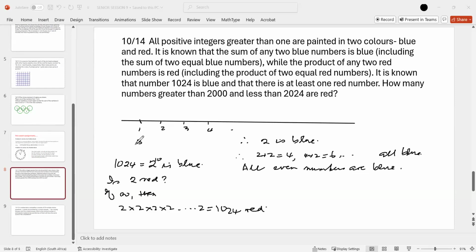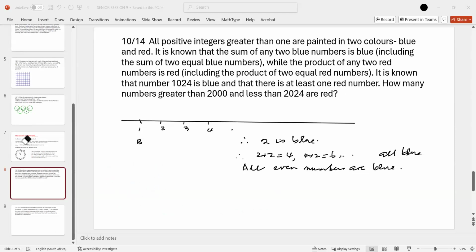How are you going to use that? We used all these pieces of information, and we come to the conclusion that all the even numbers are blue. Now we're going to see how to use the fact that there is at least one red number.